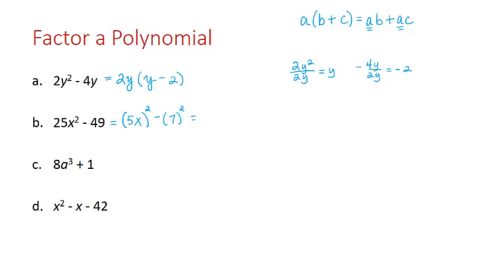And so if you remember, the difference of two squares came from the product of conjugates. The conjugates were the sum and difference of the same two terms, and the terms are what we have to square to get those original terms of the binomial. So it's going to be 5x minus 7 times 5x plus 7. And again, I can FOIL that out to see that I get the original expression.